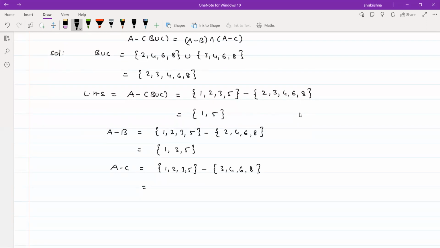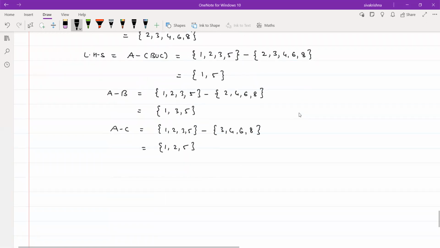Since we have 3 in common, we write only 1 comma 2 comma 5. We don't write 3 because 3 is common in both the sets. That too, we consider only the first set, that is A. Whatever the first set we are writing, we write only the elements present in that set. Okay, right. So the answer is 1 comma 2 comma 5.